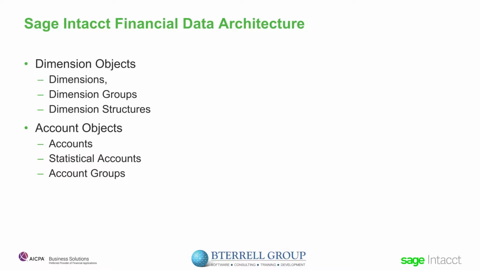And then there are also roll-ups of dimensions we call dimension groups, and rule-based groups that we call dimension structures. And of course, we'll be dealing with general ledger accounts, but in addition to that, there are statistical accounts that are important and account groups, which are roll-ups of accounts and statistical accounts.